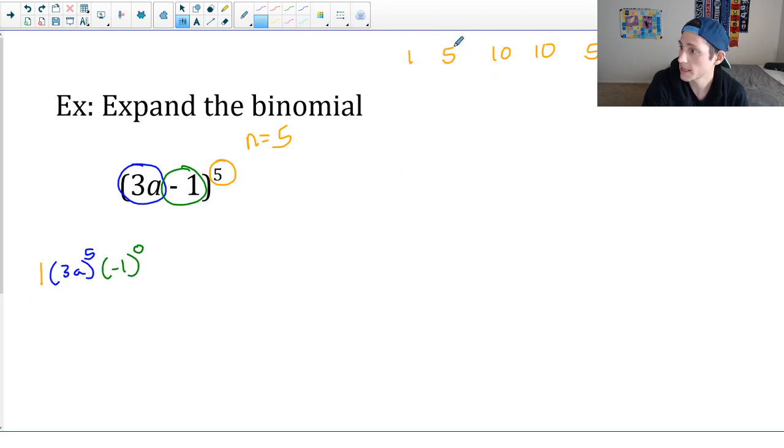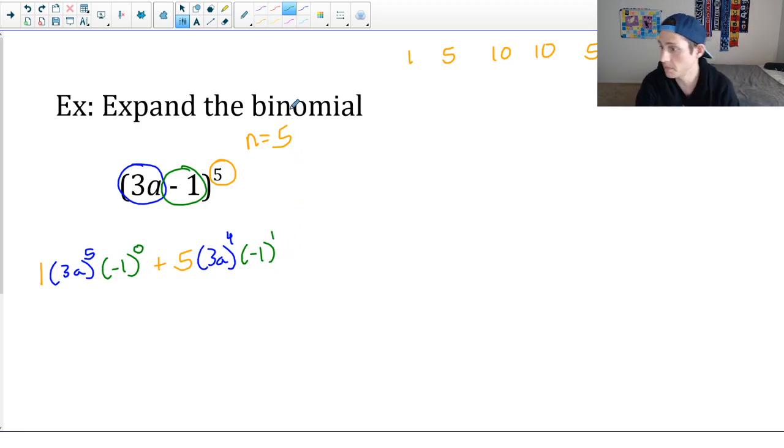Now let's go to the second term we made using this 5. So plus 5, and then 3a, but we go down 1, so from the 5th power to the 4th power, and then the negative 1, but instead of the 0th power we go up 1 to the 1st power.